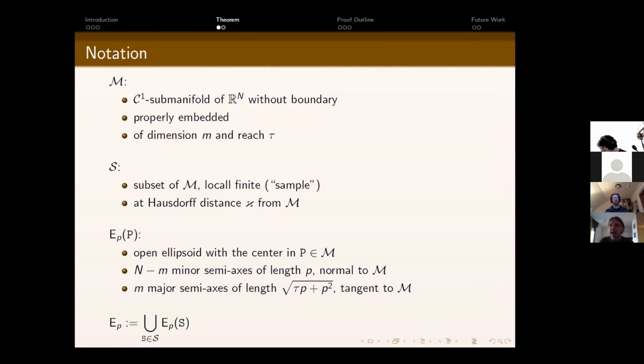But on a larger scale, the manifold can already curve by some bit, so we can't have the ellipsoids too eccentric to still recover the homotopy type. And this is an example of a function which nicely captures this.